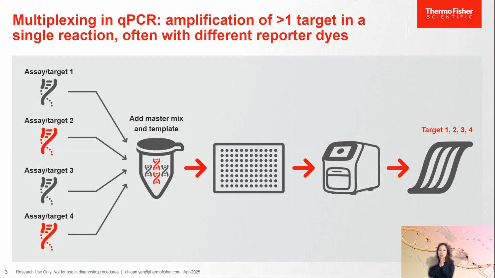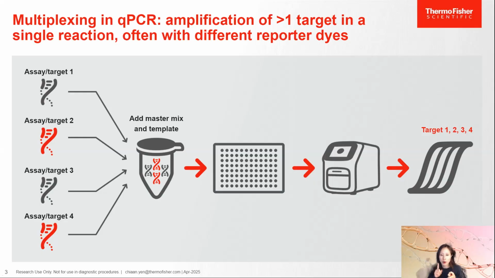All right, so multiplexing in qPCR. What does that mean? For qPCR, you can have a reaction with your master mix, your sample, and your assay. And when I say assay here, I'm referring to the primer and probes.